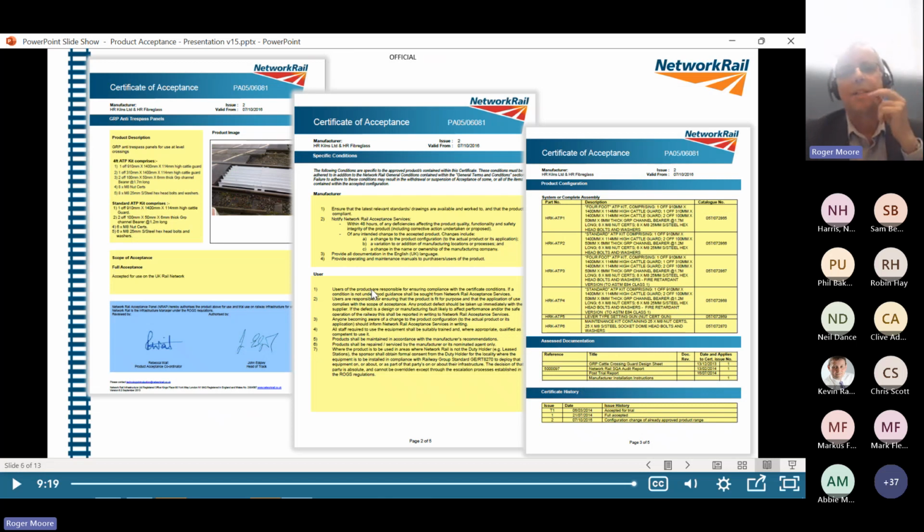At the end of the process, if you've navigated the process before, you'll be aware that you receive a product acceptance certificate, and this includes all the details such as the scope of the approval, any terms and conditions that apply to the item, and a list of the configuration that makes up the actual product.